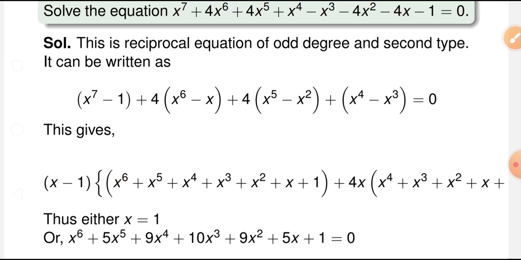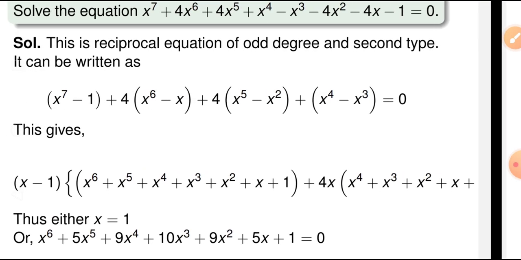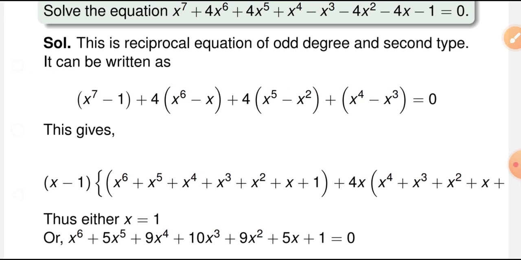So we can write this equation as x minus 1 into x power 6 plus x power 5 plus x power 4 plus x power 3 plus x square plus x plus 1, plus 4x into x power 4 plus x cube plus x square plus x plus 1 equal to 0.